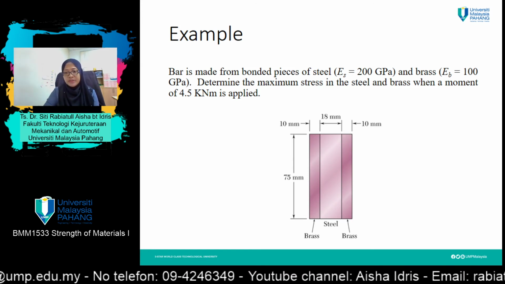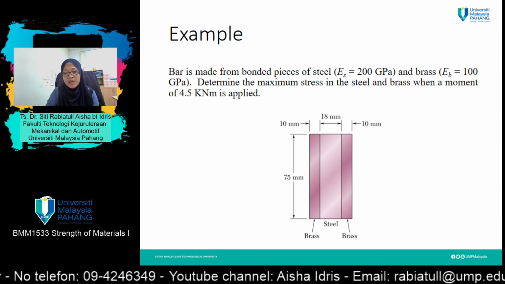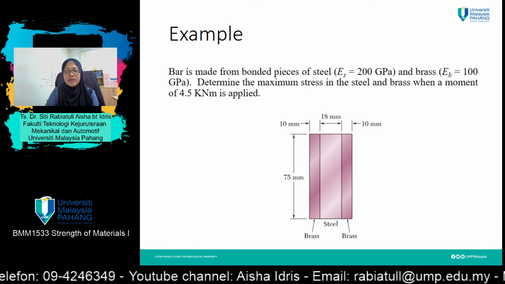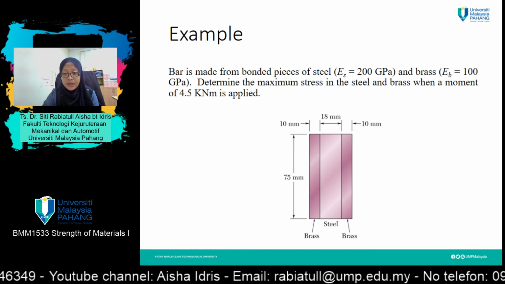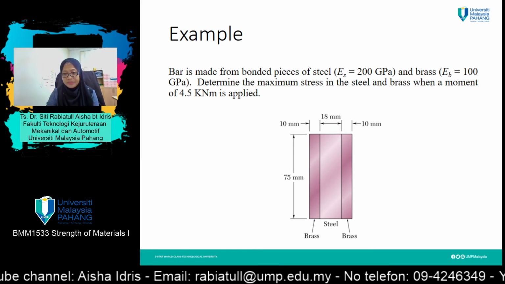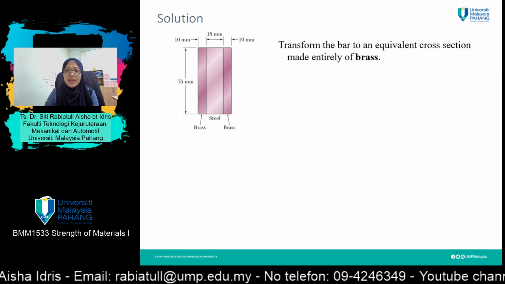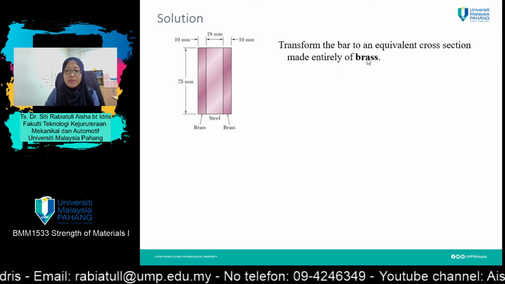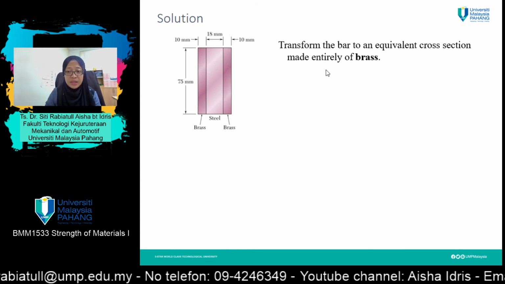Okay, cool. So if you refer here, to make it easier, we can change steel into brass, because steel only has one part here, whereas brass has two parts. So transform the bar to an equivalent cross-section made entirely of brass.